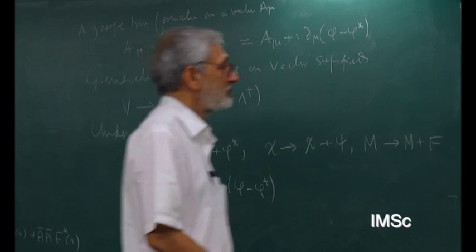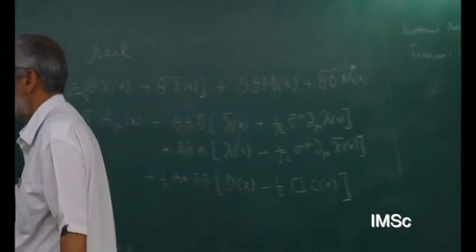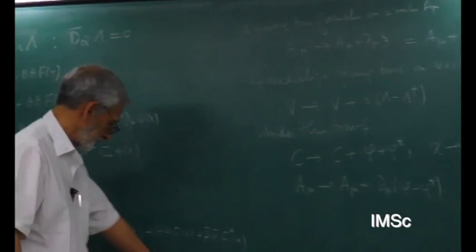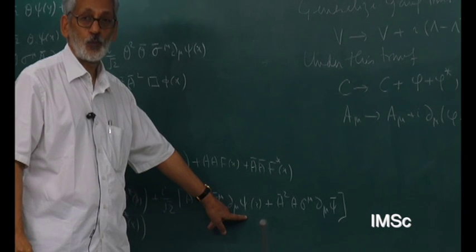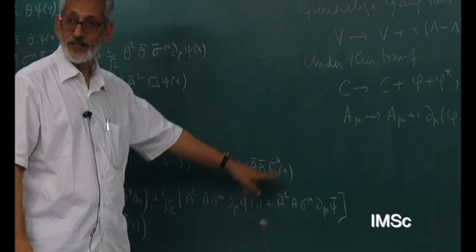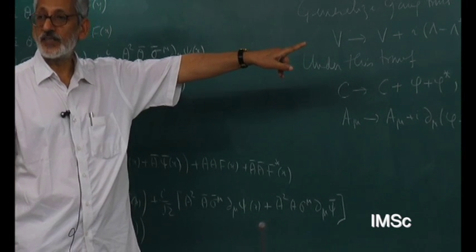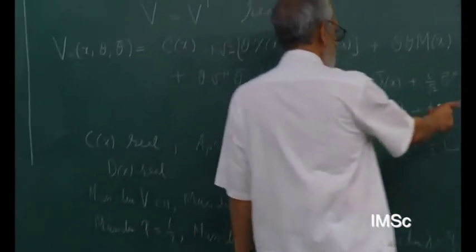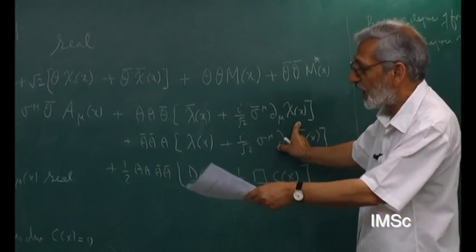Now this combination changes by this plus... right, but psi changes by psi, so chi changes by chi plus psi. So that means this change is the change of this piece, because we prescribed how chi changes.